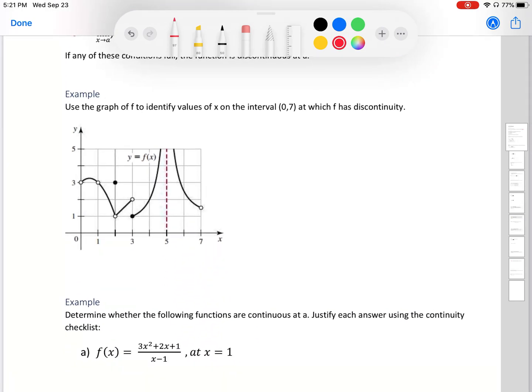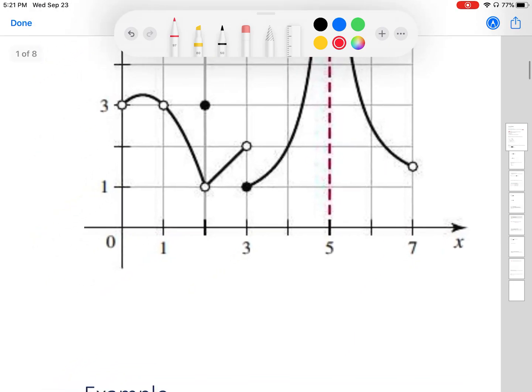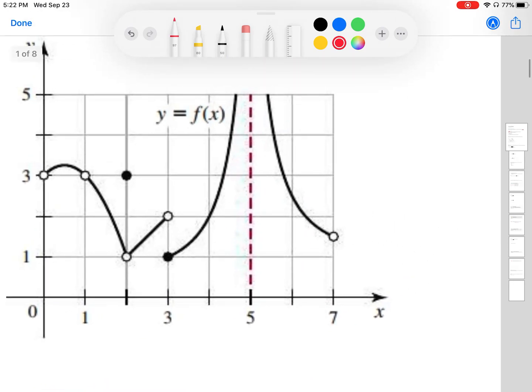That is our continuity checklist. Let's do this example. Use a graph of f to identify the values of x on the interval 0 through 7 for which f has continuity. So I'll look at 0 through 7. I look at all these values and there are all these holes, values where I have to be careful as to whether it's continuous or not.